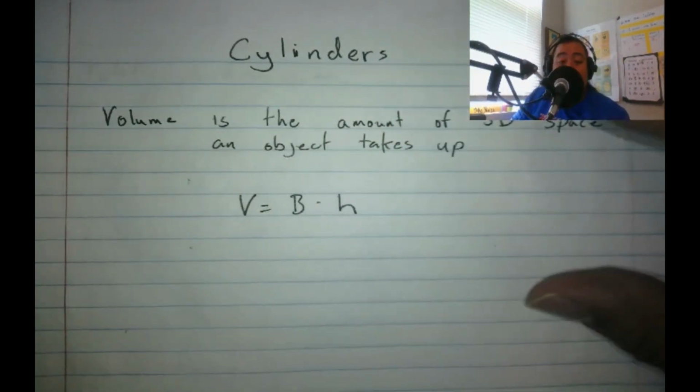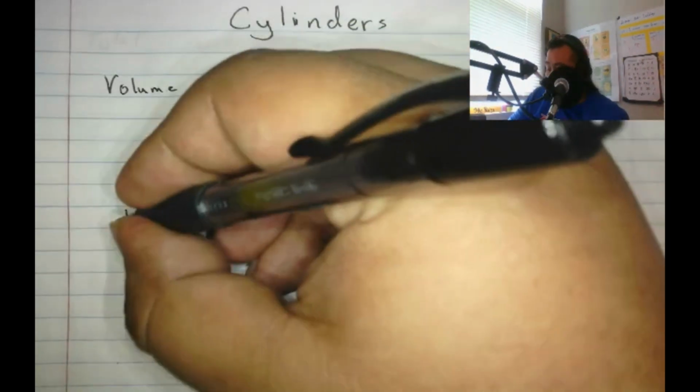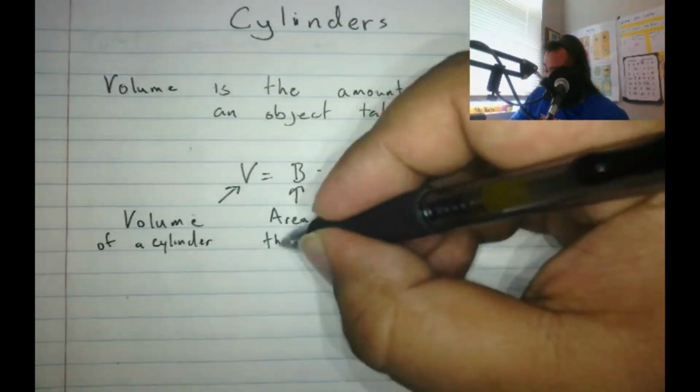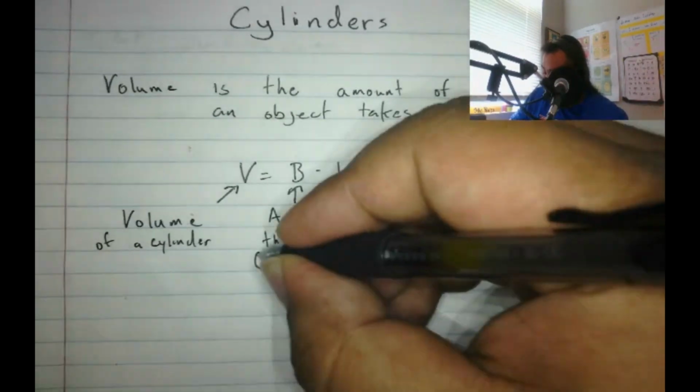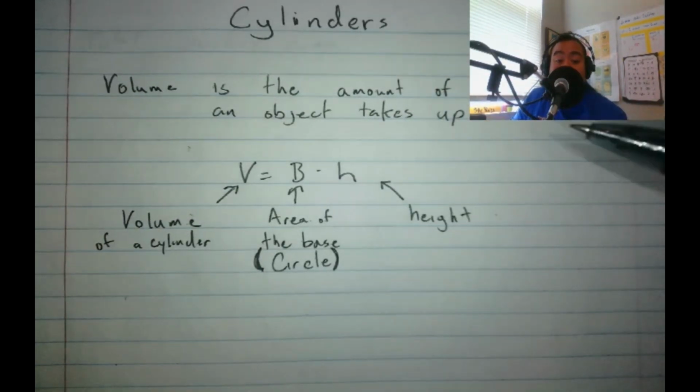But in these problems, we're going to change our formula just a little bit because the area of our base for a cylinder is now a circle. The letter V stands for volume, in this case of a cylinder. The B stands for the area of our base, a circle, and the H stands for the height, or the distance between our two bases.